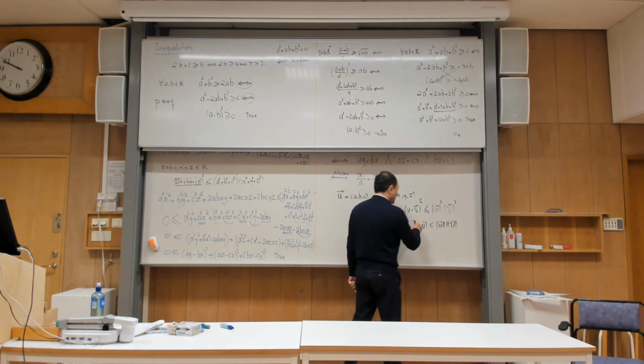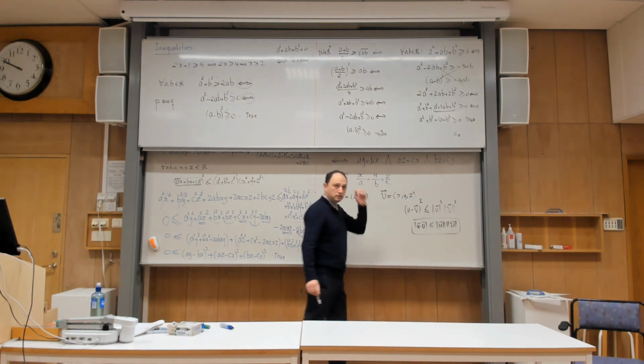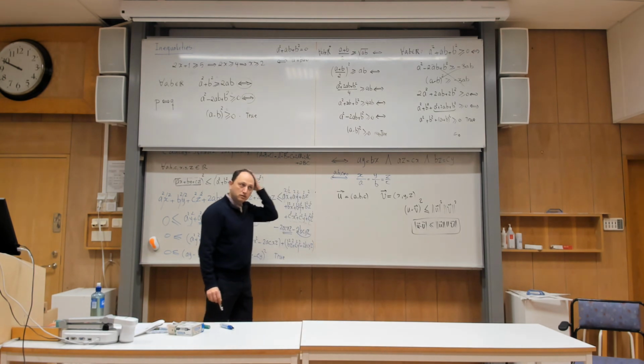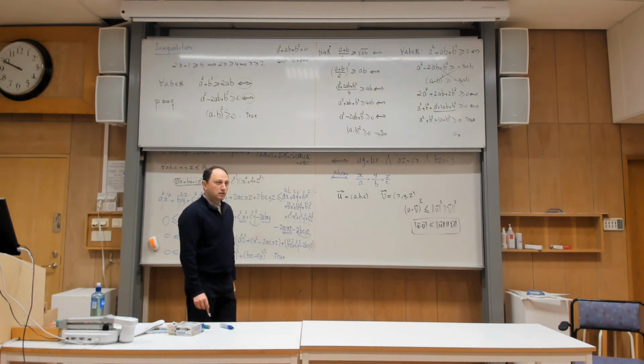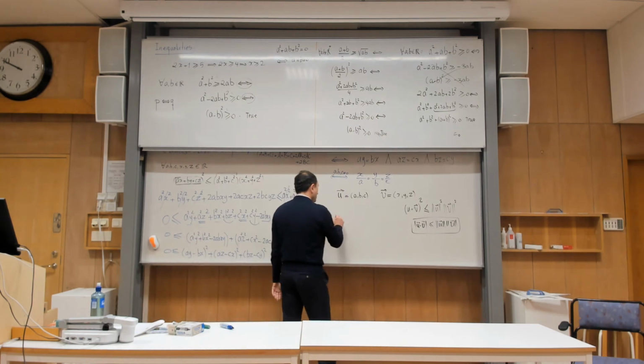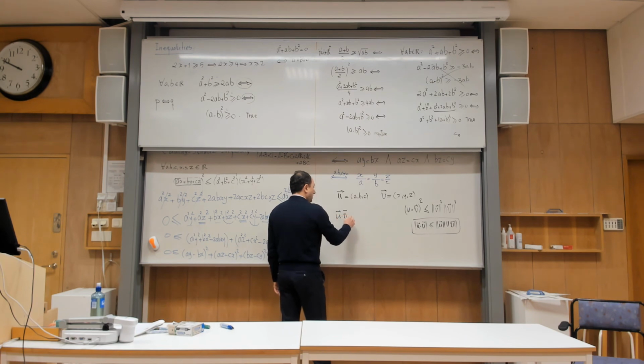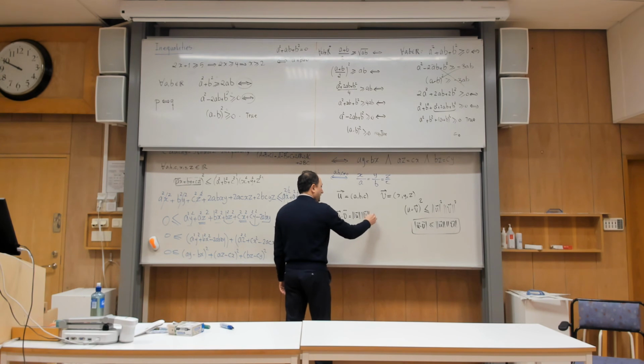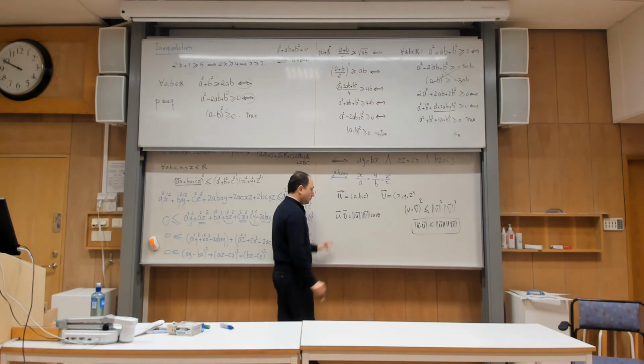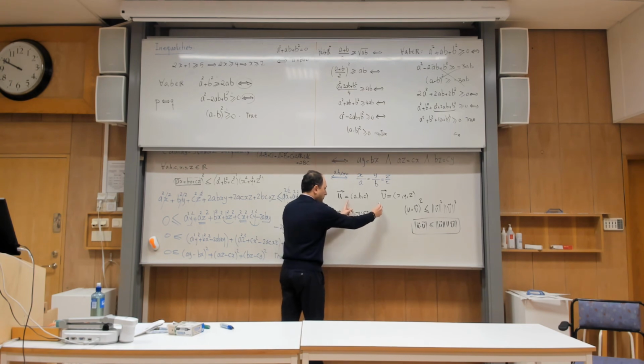But is this inequality true or false? Why is that? Because cosine cannot be... Yeah, exactly. So we are done. You see, U dot V is nothing except norm of U, norm of V, times the cosine of the angle between them. When I take absolute value of this one, I have to take absolute value of this one.